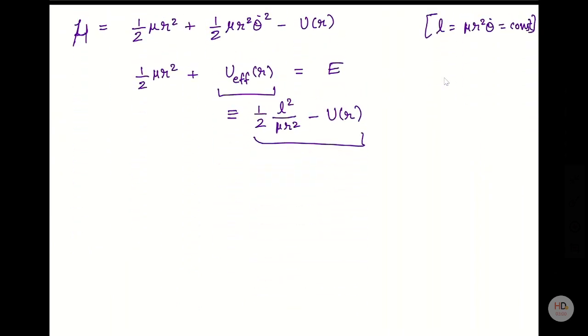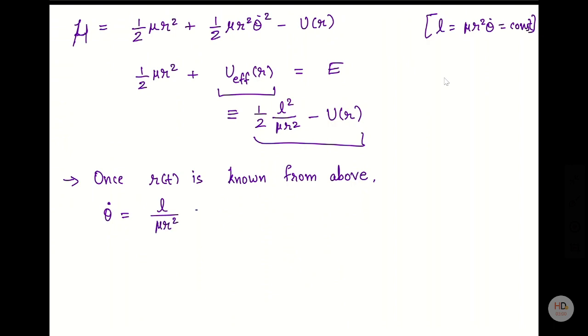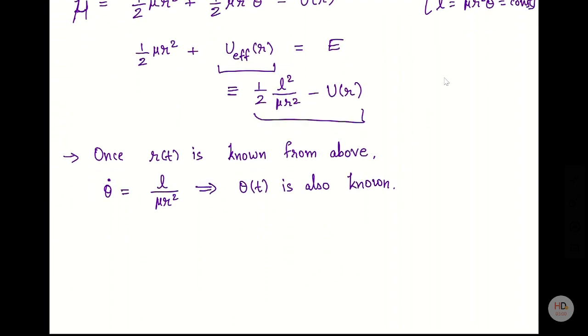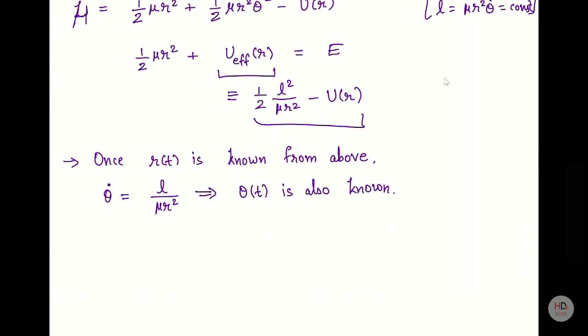Once r of t is known from above, we can immediately calculate theta dot, which is L by mu r square, from which theta of t is also known. And then we know everything about the dynamics of the system. So this is the approach for the two-body system. And there was one remark, which was the second law of Kepler.